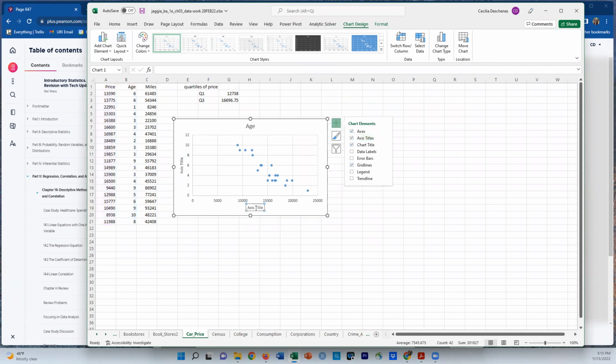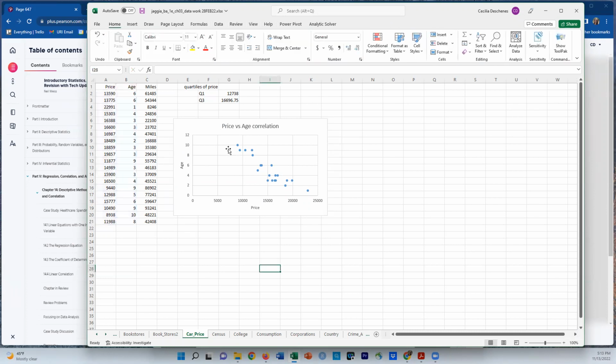This is the price of the car, and over here is the age of the car. Okay. So, price versus age correlation. If you notice, it does appear as if there is a trend in this data.